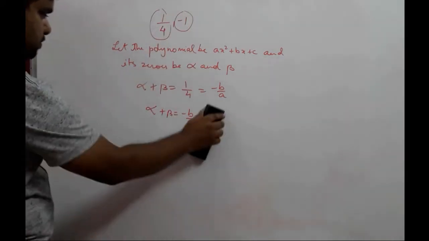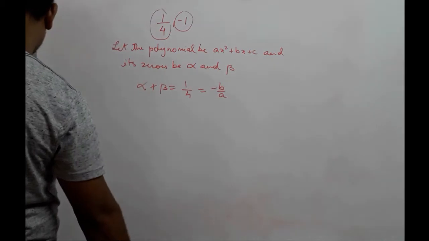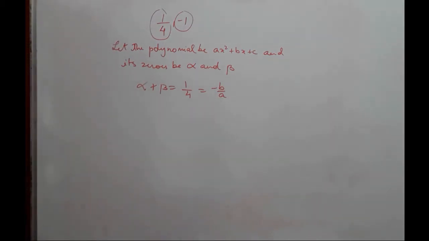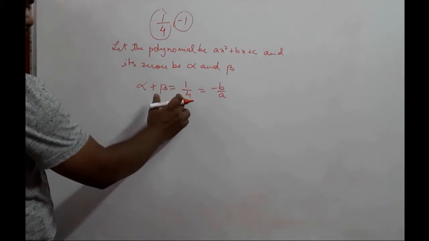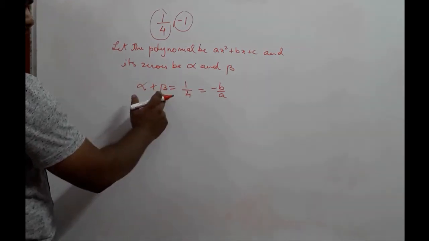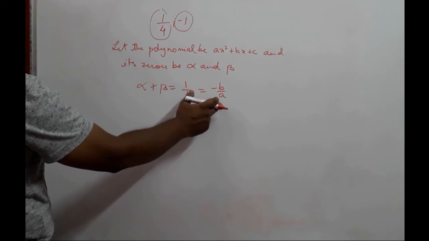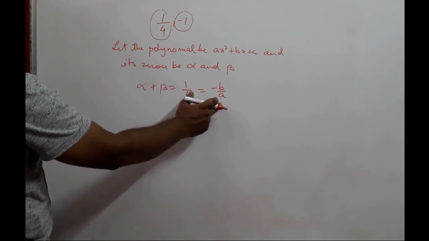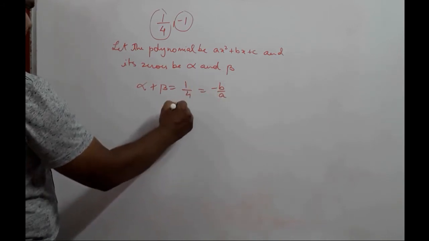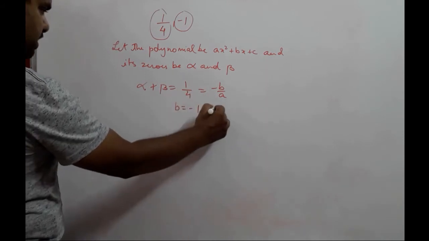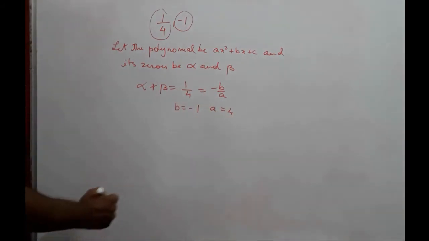The question says find a quadratic polynomial with the given numbers as the sum and product of its zeros respectively. So if you put it down as alpha plus beta equal to 1 upon 4, and we know alpha plus beta is also equal to minus b upon a, then we can easily say that b is equal to minus 1 and a is equal to 4.